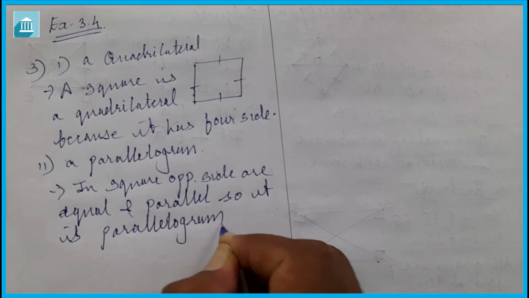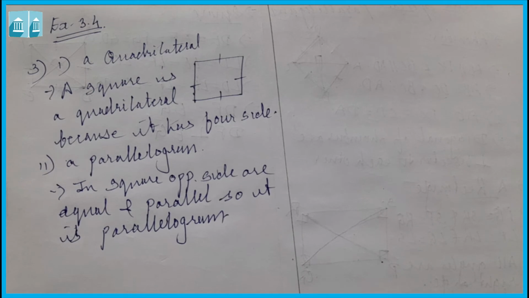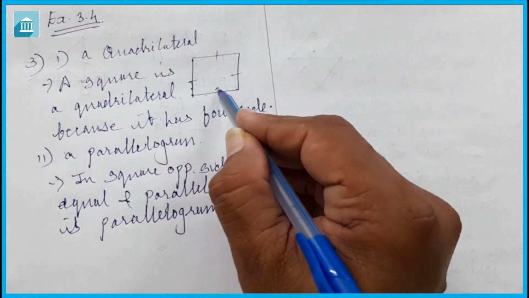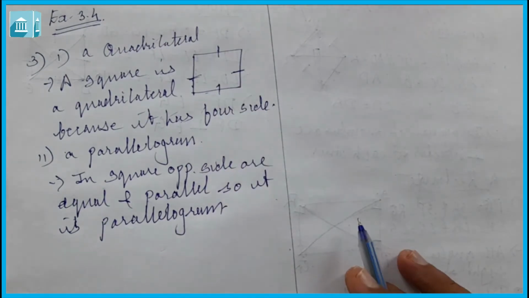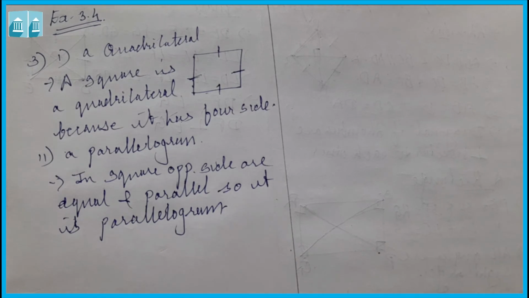In a parallelogram, we know that opposite sides are equal and parallel. In the same way, its opposite angles are also equal. So in the square also the same thing is there. Opposite sides are equal and parallel. Opposite angles are also equal. So we can say that a square is also a parallelogram.